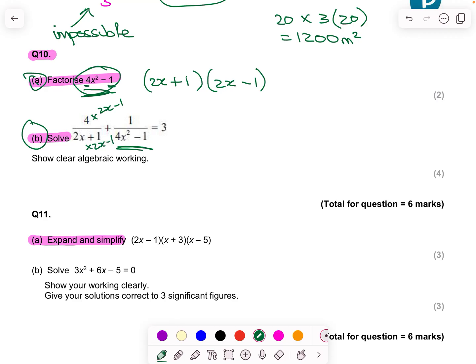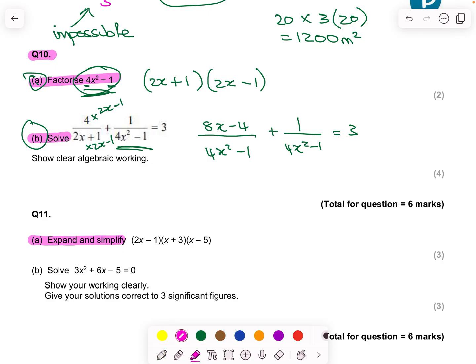So then I get 8x minus 4 over 4x squared minus 1 plus 1 over 4x squared minus 1 equals 3. Put them together and tidy it up.